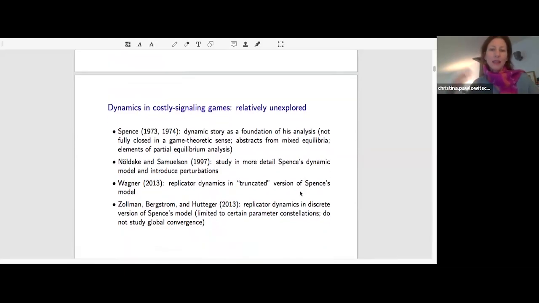Now, let me motivate from a theoretical point of view why we looked at evolutionary dynamics in costly signaling games. This is such an established research paradigm. So one could say, well, has this not been done before?